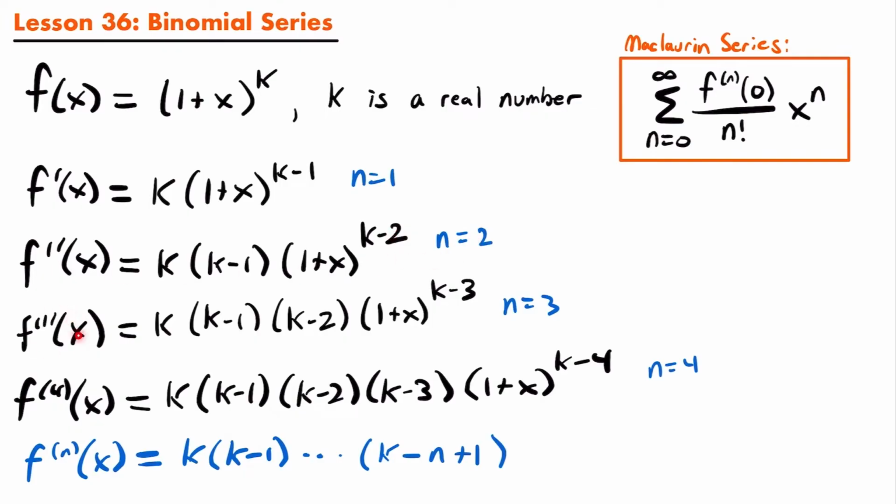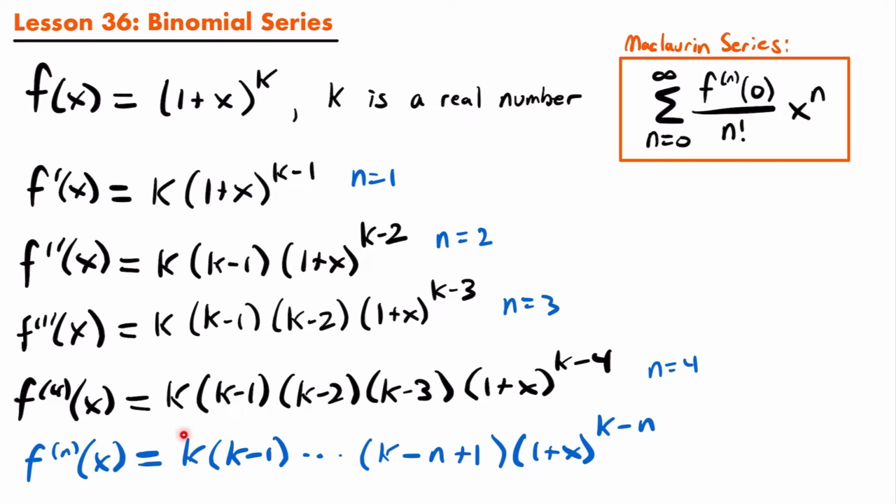And then for the third derivative, we have k minus 3, and the third derivative is when n equals 3, and so you can sort of see the pattern. k minus 4 for the fourth derivative is when n equals 4. So we can express that quantity in terms of n as 1 plus x to the power of k minus n. Whatever that value of n is, we're going to subtract that from k.